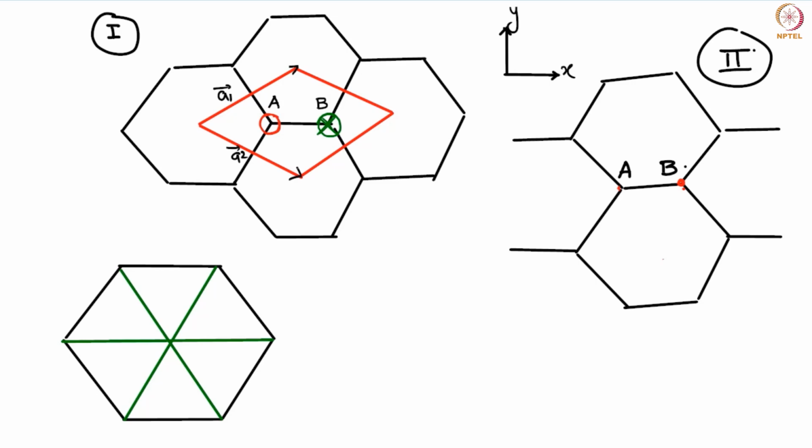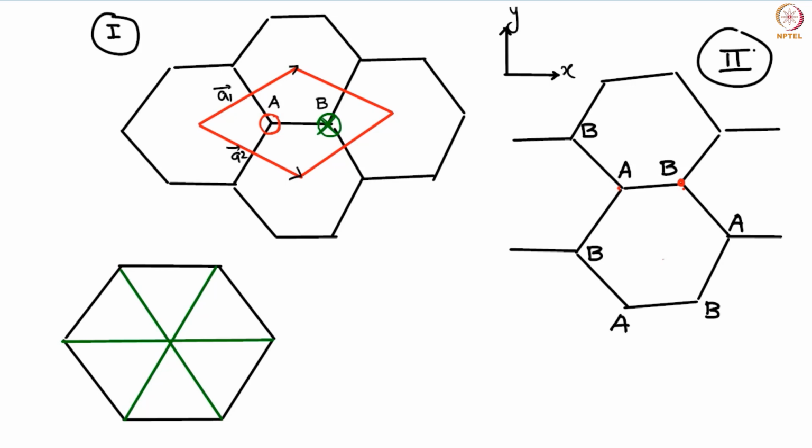So what you actually need to do is pick any one A-type atom and connect it with all its B-type neighbors. So in this particular case, these are the B-type neighbors. You can also do it for yourself. If this is B, this is A here, and then B again, and then A again, you will find that these will be the B-type neighbors.